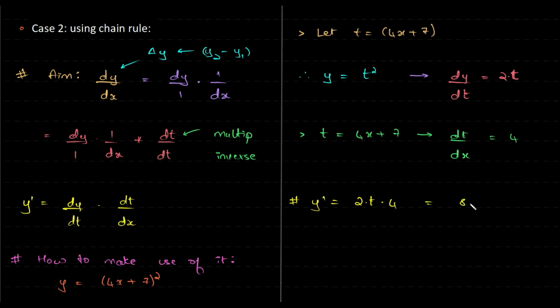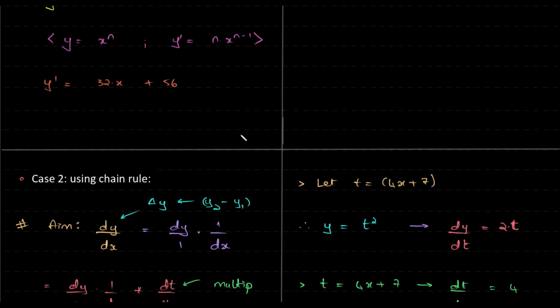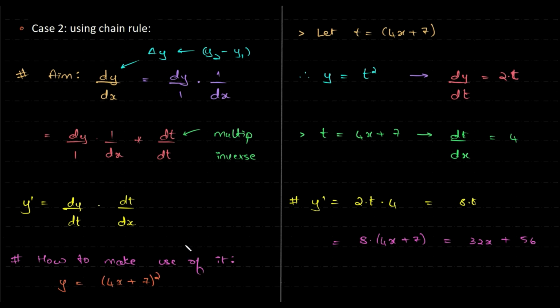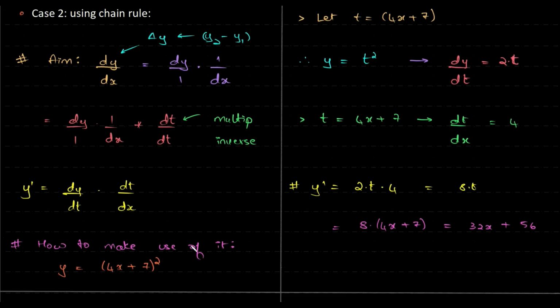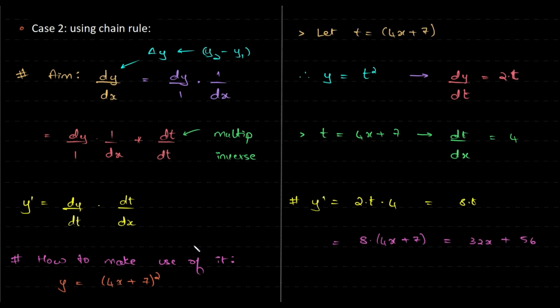So basically 8 into t. But t is 4x plus 7, and further simplification will give us 32x plus 56, which is the same as this. So this helped us find the same answer but in a different way, by the idea of substitution basically.